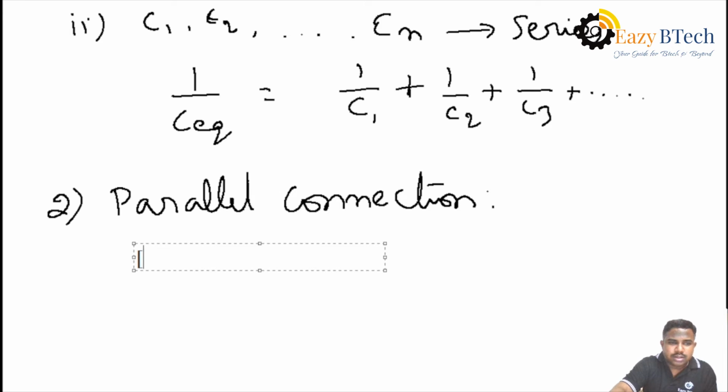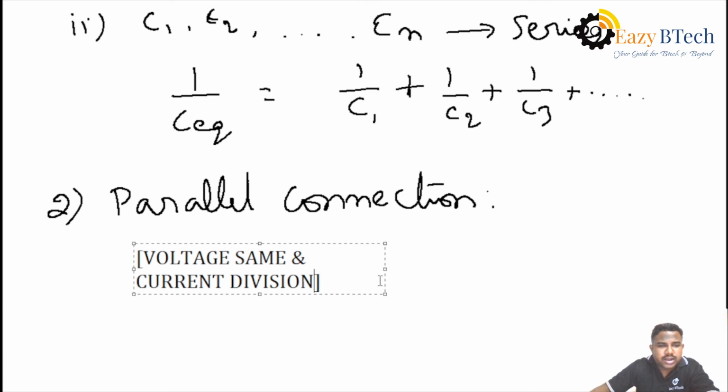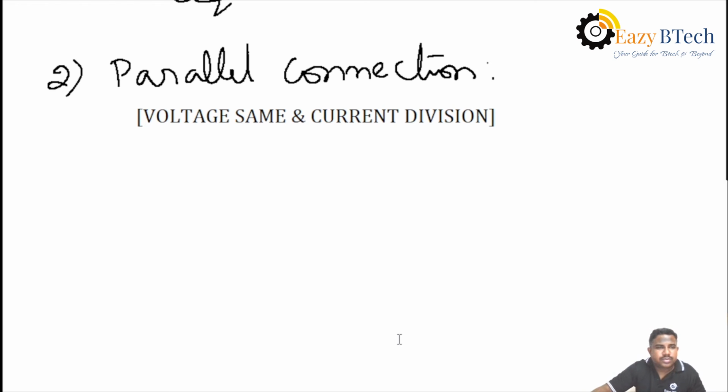In parallel, voltage is the same, but current division takes place. That is, current value is different in case of parallel connection. Then what is meant by parallel?